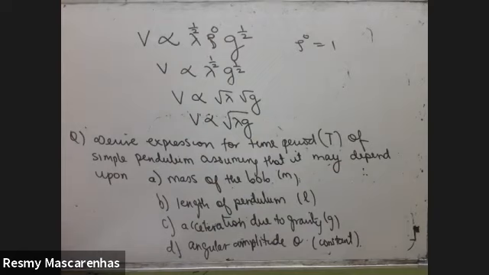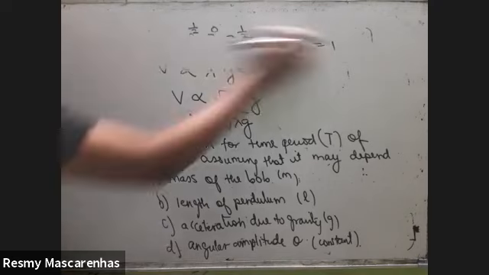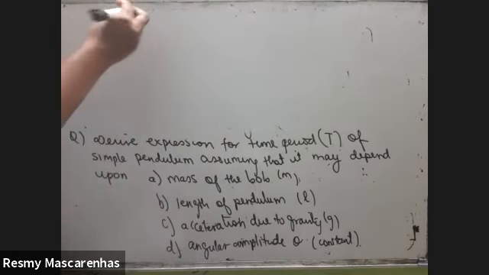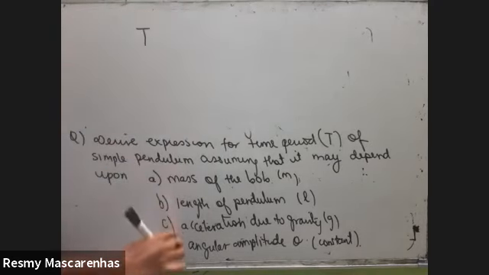The theta value will be known. Amplitude means always some number will be there. So t is depending on all these things.